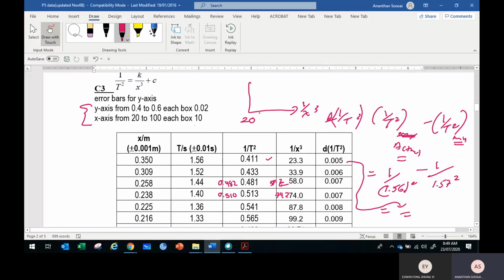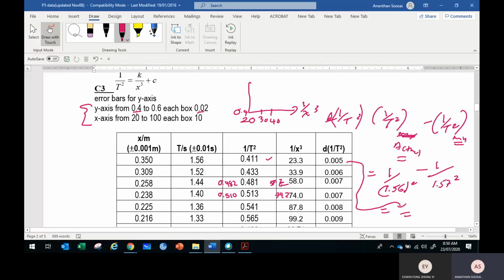So each box is 10: one box later is 30, then 40. For the other axis, start with 0.4, and every box is 0.02.